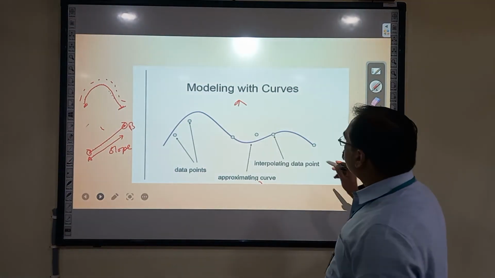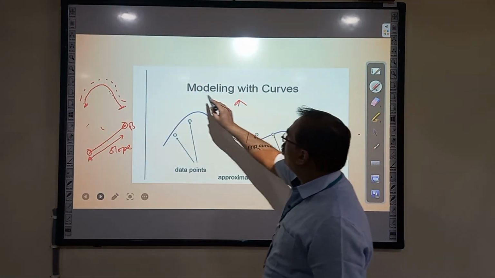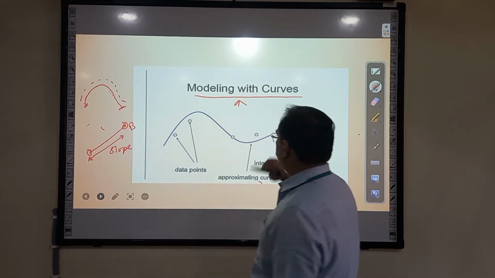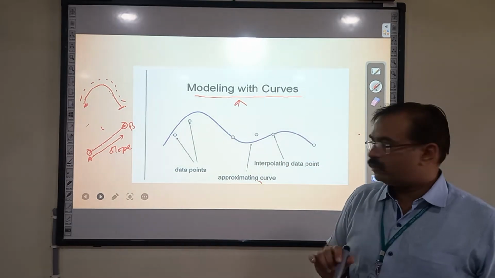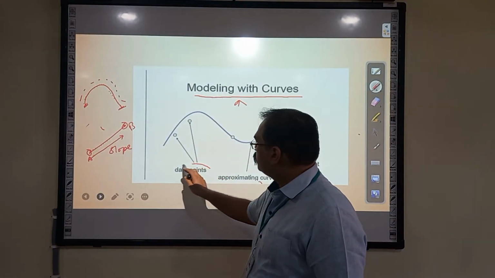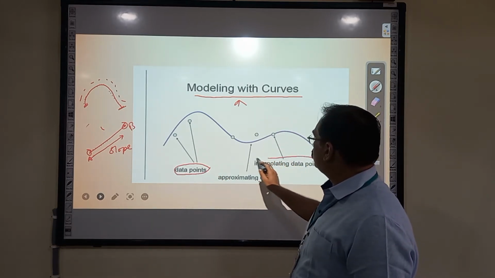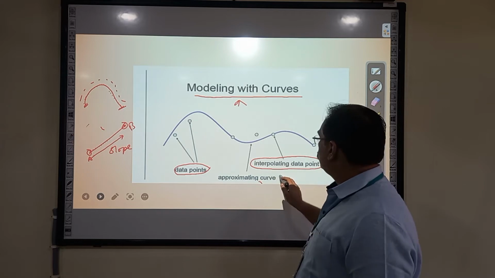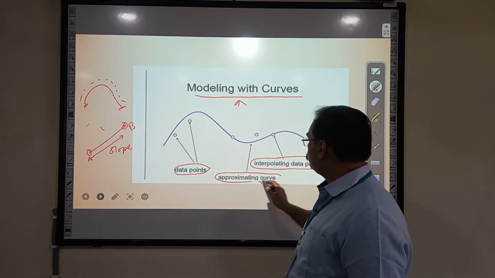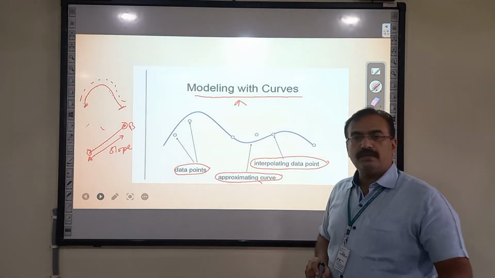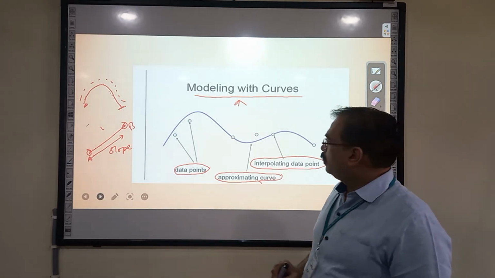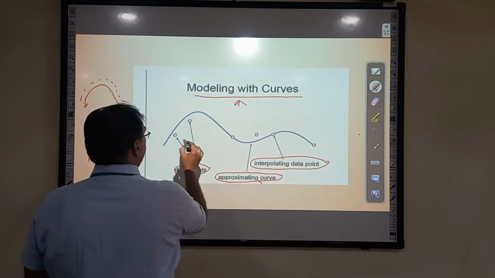Okay, so we can model the curve with a few things. One is the data points, second is the interpolating data points, and third is the approximating curve. These are the three things which we need to take care of. These are the data points given.